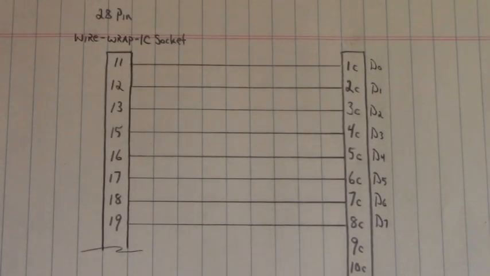We're on a downhill slope now. We're almost there. The next sheet of paper will be the chart that I used to wire wrap the connector, the 3-row connector, to the wire wrap socket.